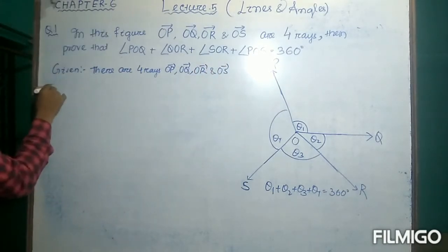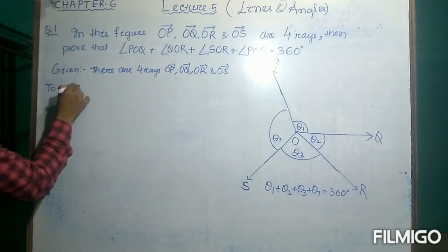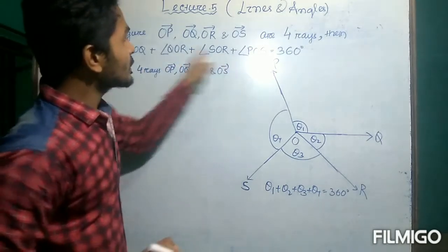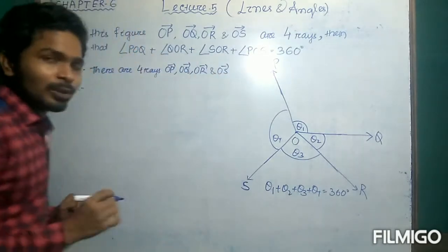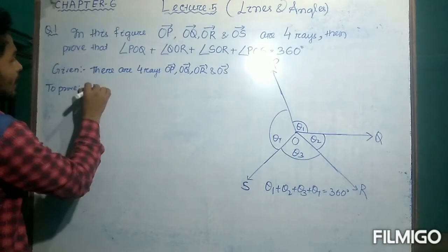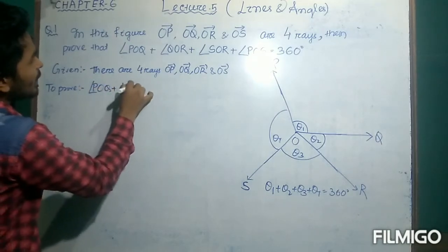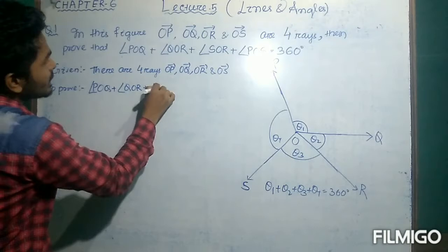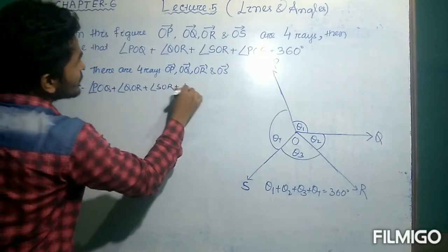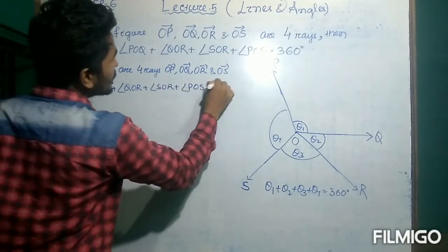Right? Next is what you have to prove. We have to prove the sum of all these 4 angles is equal to 360 degree. So angle POQ plus angle QOR plus angle SOR plus angle POS is equal to 360 degree.